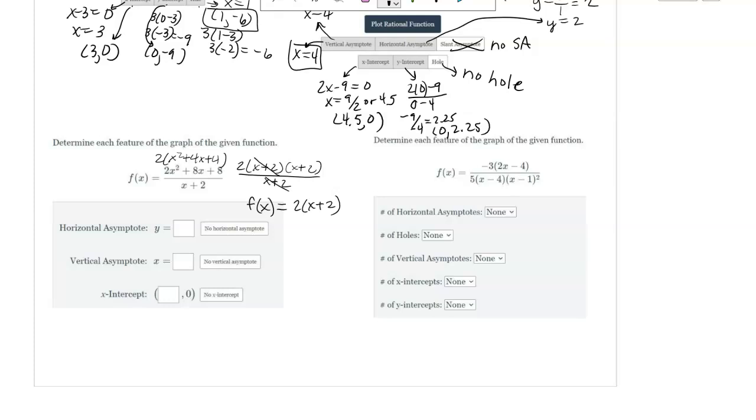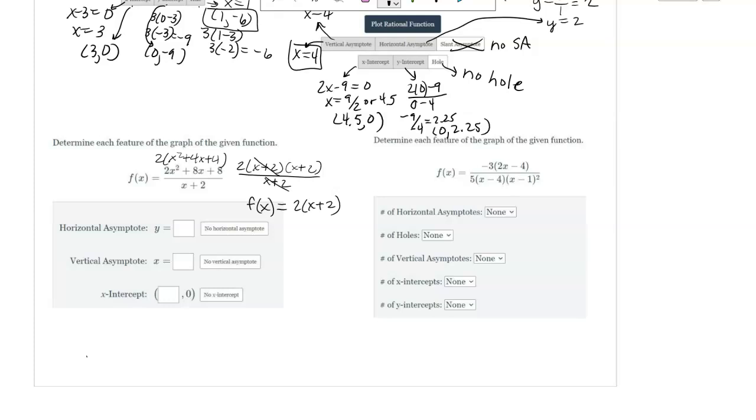That would mean that x plus 2 being crossed out would tell me I have a hole. If there's still an x plus 2 in the denominator, instead of a hole, it's a vertical asymptote. But because it's still in the numerator, I would say I can't use this. This cannot be an x-intercept because I've already said it's a hole.